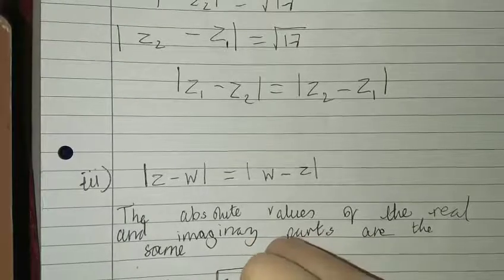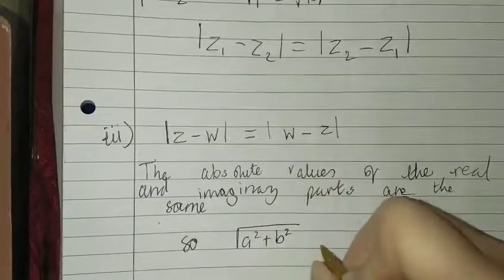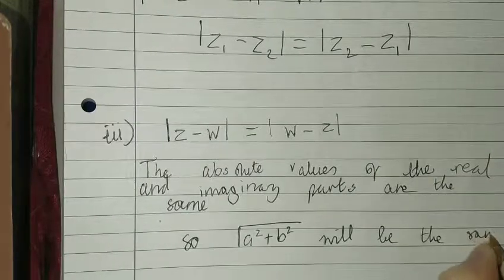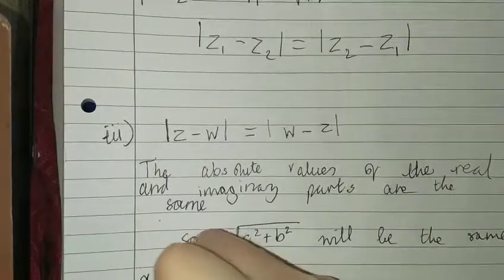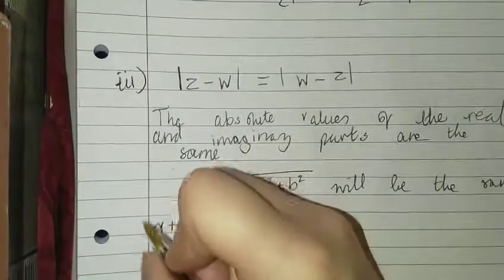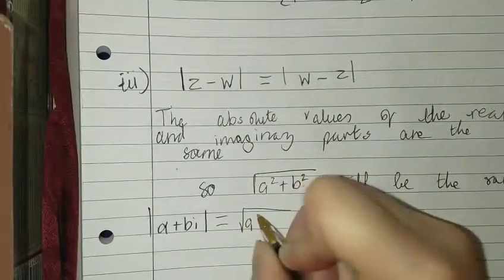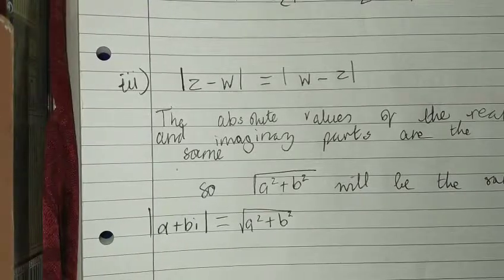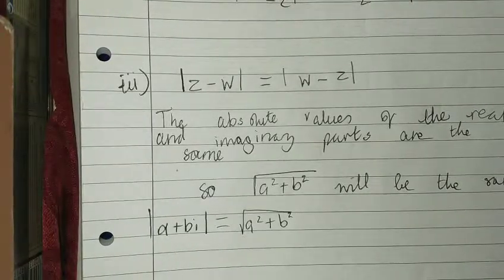So that means a squared plus b squared will be the same, if we have a complex number a plus bi. The modulus of that will be based on a squared plus b squared. So that's a reason why it would always be the same.